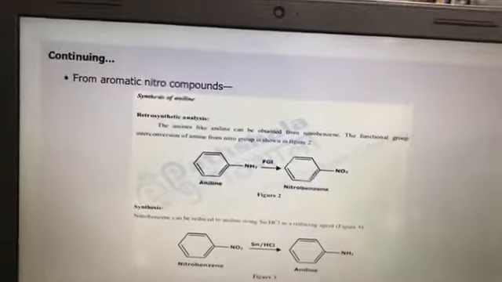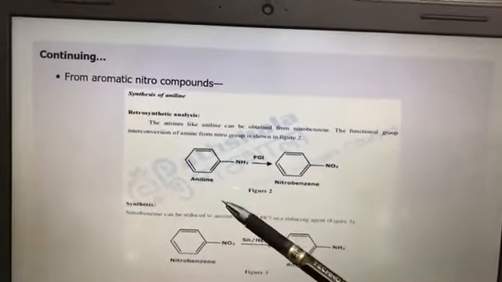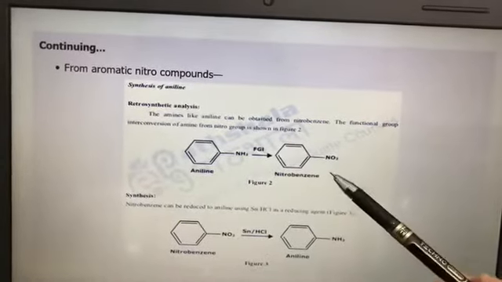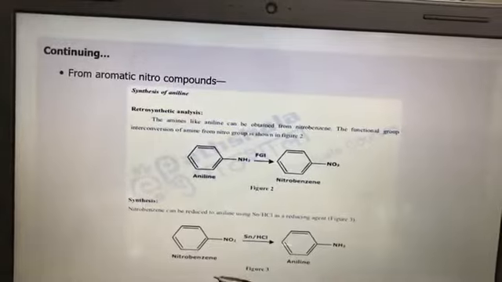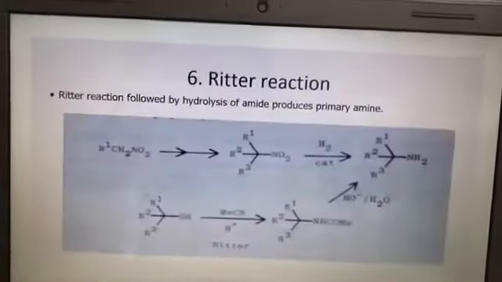Now for aromatic nitro compounds, the simplest example here is aniline, and upon using FGI we get a nitro compound, and upon reduction of nitro, we get an amine group.